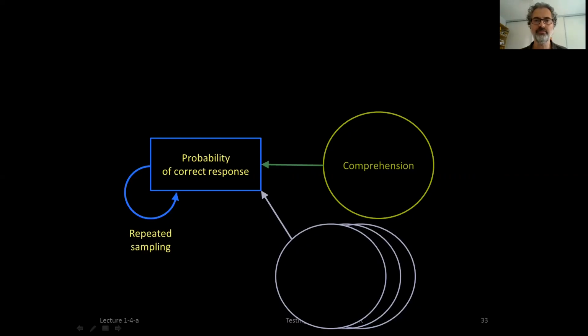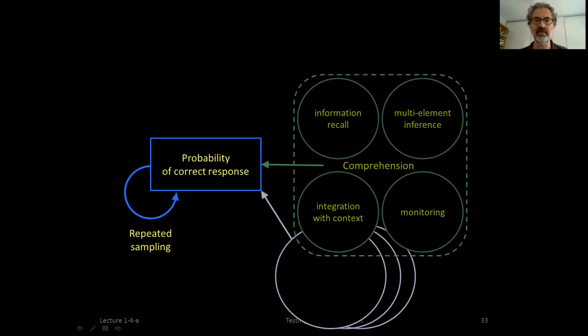Now, comprehension is not really one thing because in order to understand, you have to be doing a bunch of things like remembering information, making inferences, integrating with context, metacognitively monitoring whether you are understanding or not. And it's not necessary that all of these sub-skills will be equally strong. So a correct response on a comprehension question may depend to differing levels on these different sub-constructs.